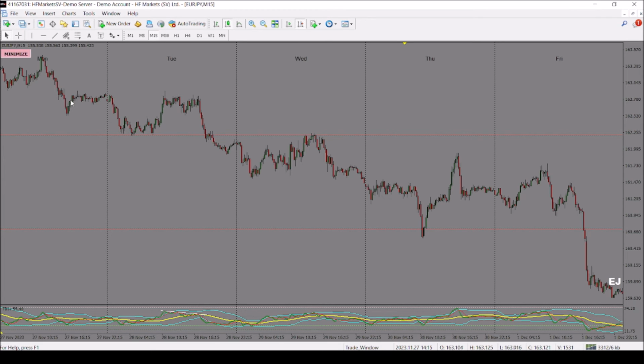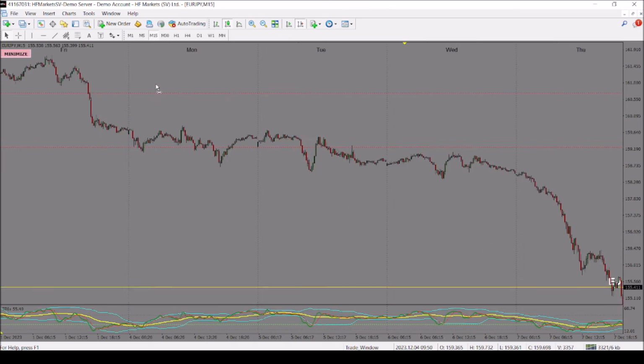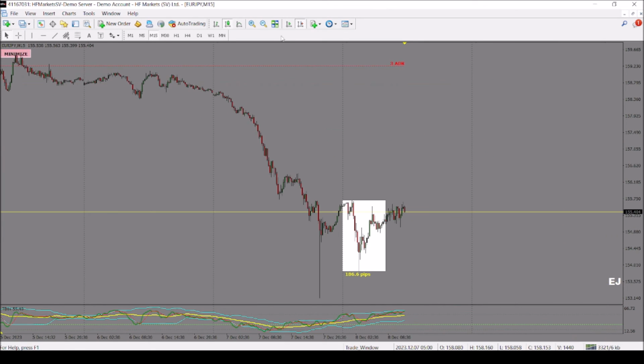We can see there was day 1 of drop, day 2 of drop, day 3 of drop, and at day 3 we now start to anticipate a reversal. As you can see, the market hasn't given another peak formation, meaning that we are waiting for a peak formation low so that we can go to the upside.